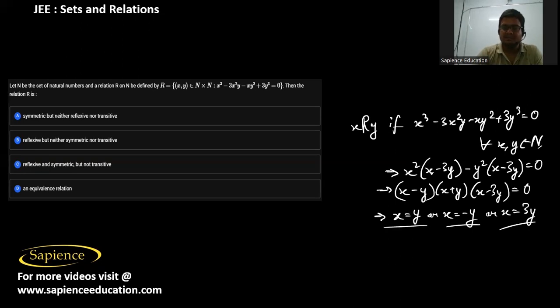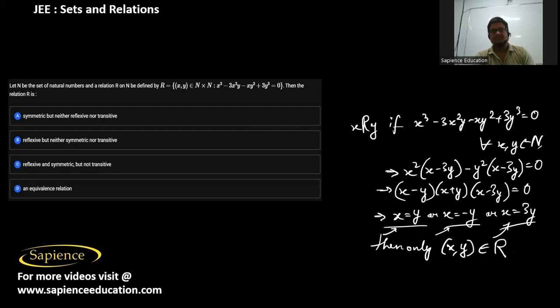Then only x, y will belong to the relation R. So if any of these three conditions are satisfied, then only we can say that the ordered pair x, y will belong to the relation R.